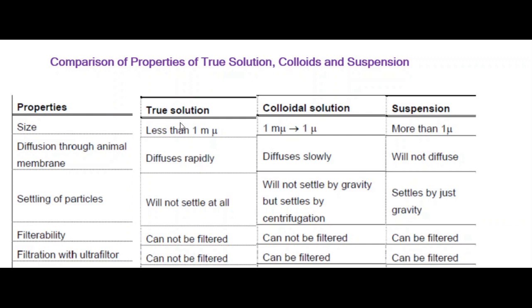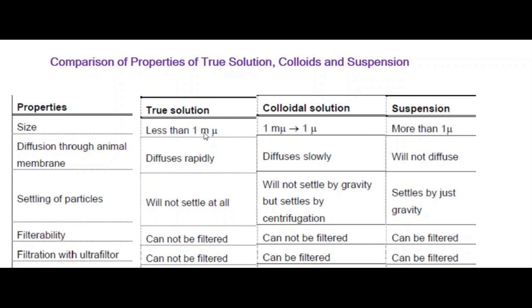In the case of true solution, the size is almost less than 1 millimicron. In colloidal solution, it is ranging from 1 millimicron to 1 micron. And in suspension, it is more than a micron.